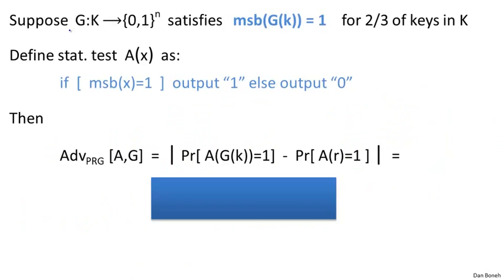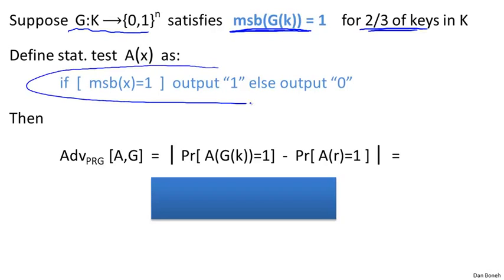Suppose we have a generator G that satisfies a funny property. It so happens that for 2/3 of the keys, the first bit of the output of the generator happens to be 1. So if I choose a random key, with probability 2/3 the generator will output 1 as its first bit. Now let's look at the following statistical test.